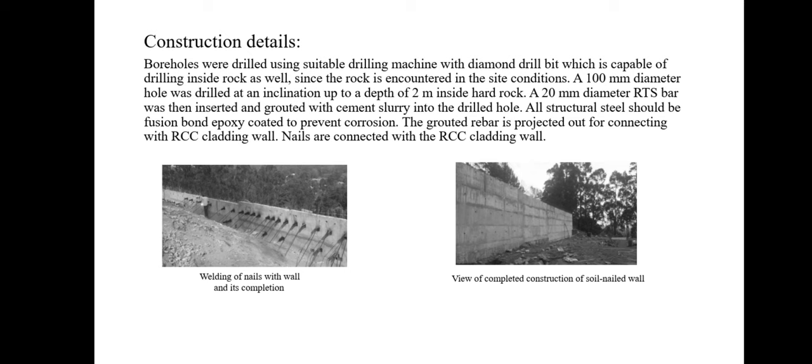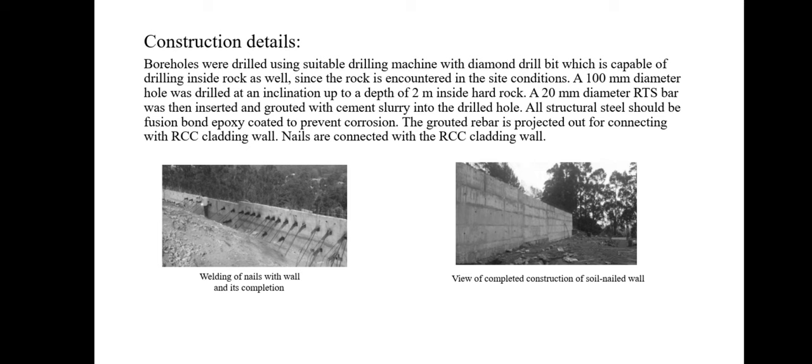In the construction details, boreholes were drilled using suitable drilling machines, and a 100 mm diameter hole was drilled at an inclination up to a depth of 2 meters inside hard rock, and a 20 mm diameter TMT bar was then inserted and grouted with cement slurry into the drill hole.